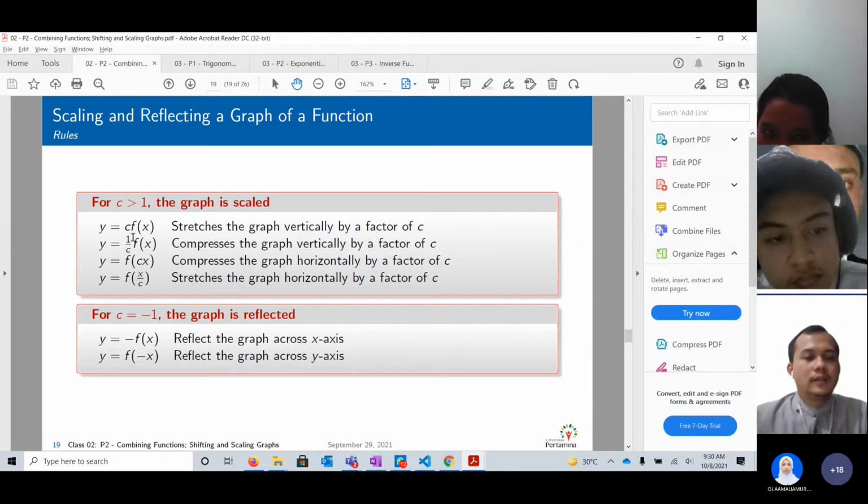If we have C greater than 1, it's not equal to 1, right?